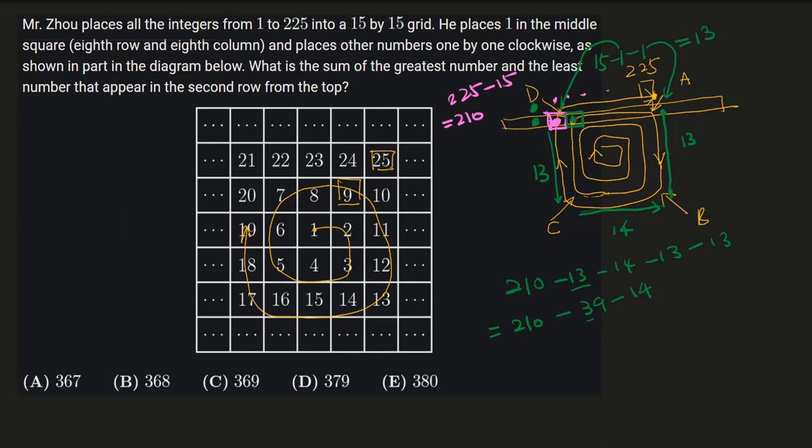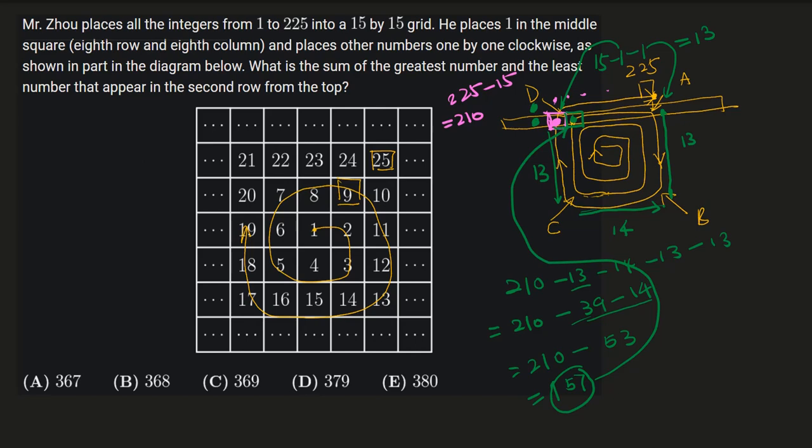Let's sum up these two numbers first. So this equals 210 minus 53. This equals 210 minus 10 first, so that's 200, and then 200 minus 43. Therefore, we have 157. That is the number in the green square.